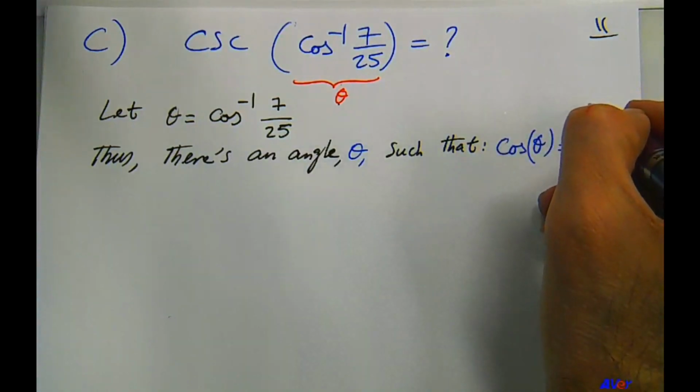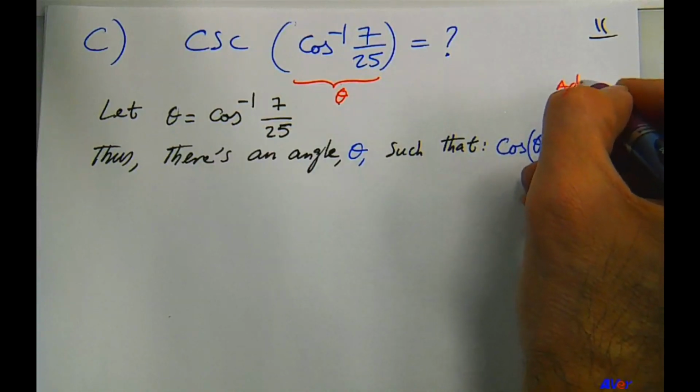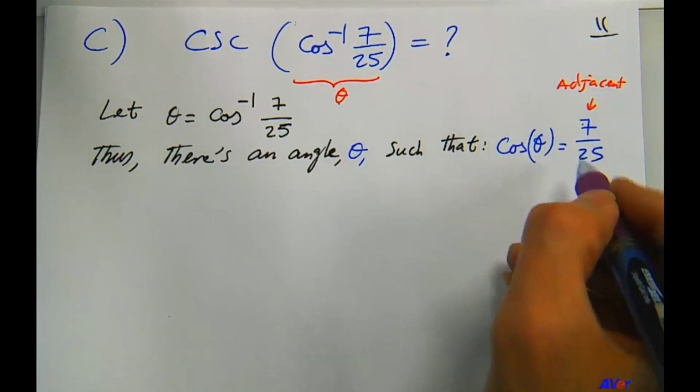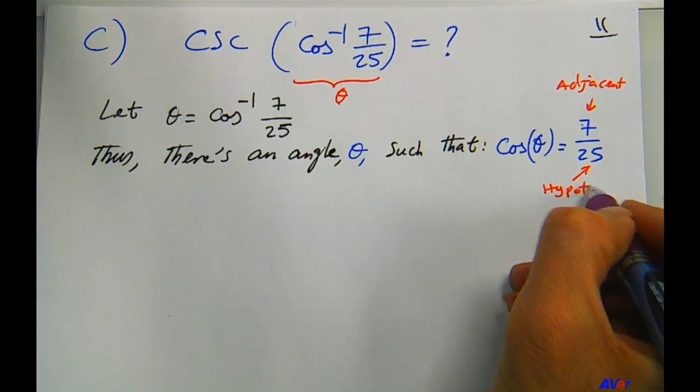So right from the get-go, we know that has to be the adjacent side to this angle, and this must be the hypotenuse length.